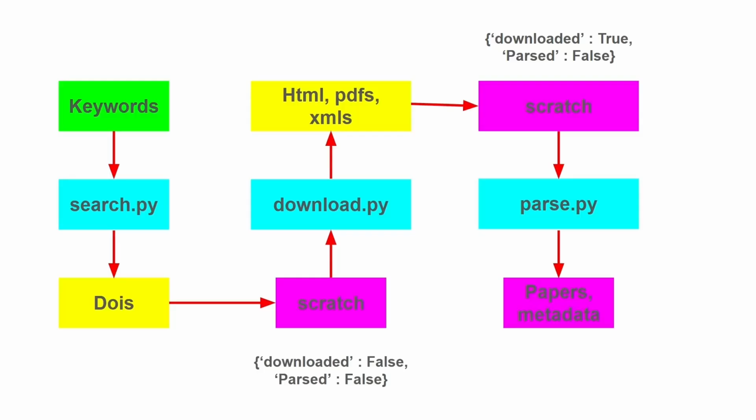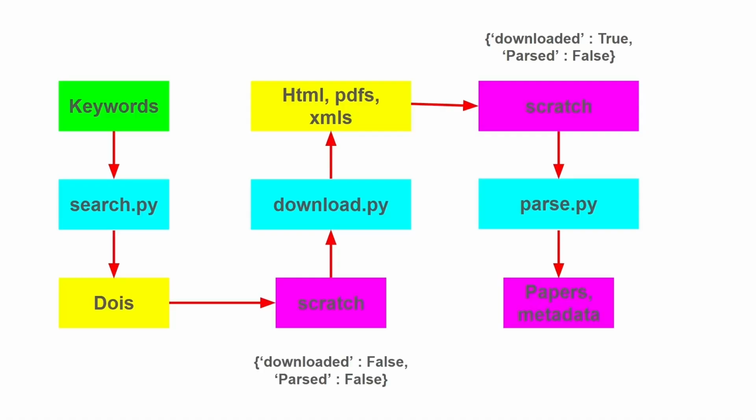We have also set it up so that the download and the parse scripts run every other week automatically. So any records in Scratch that have not been downloaded or parsed will be downloaded or parsed respectively in about 2 weeks.